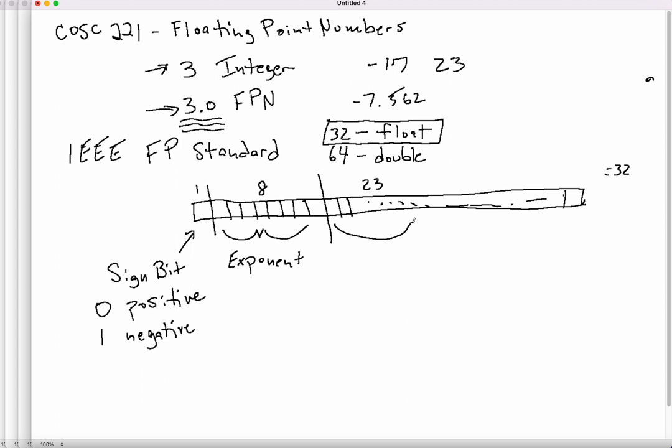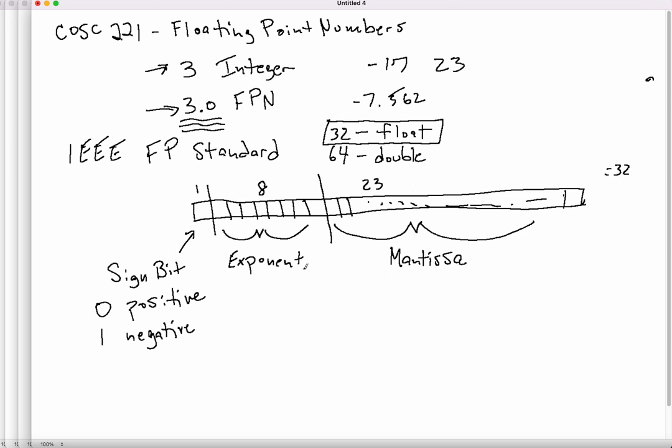And these 23 bits over here are called the mantissa. It's here that's going to take some explanation. So just file this piece of information away, but let's talk about something else.